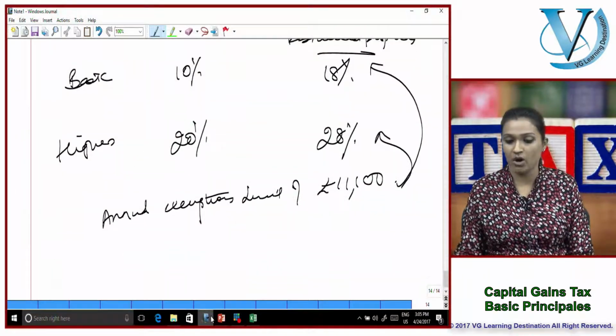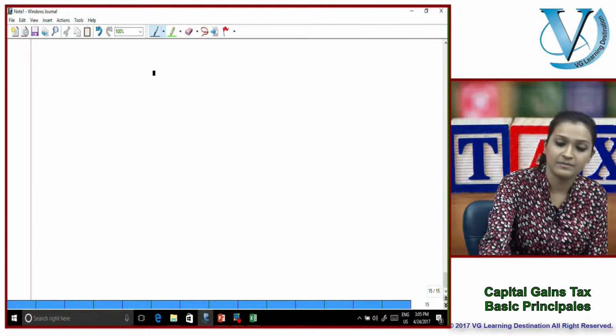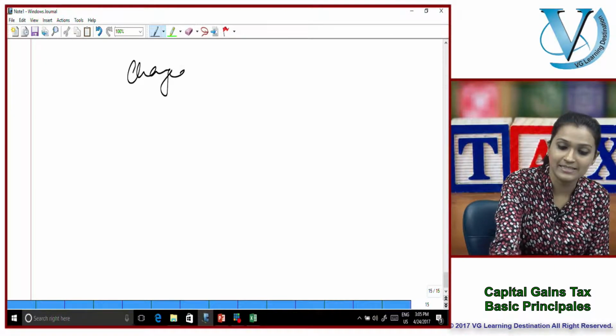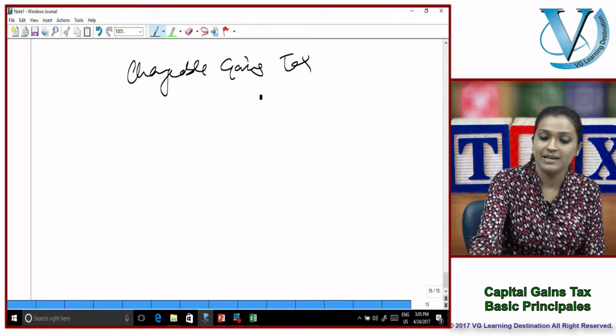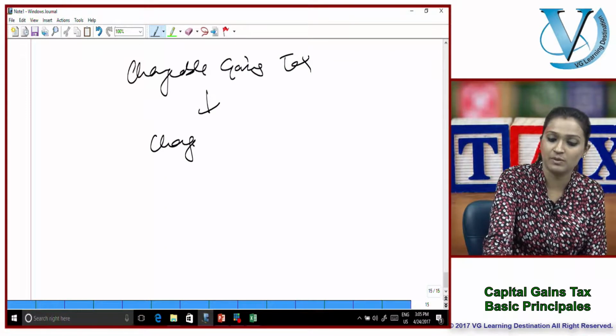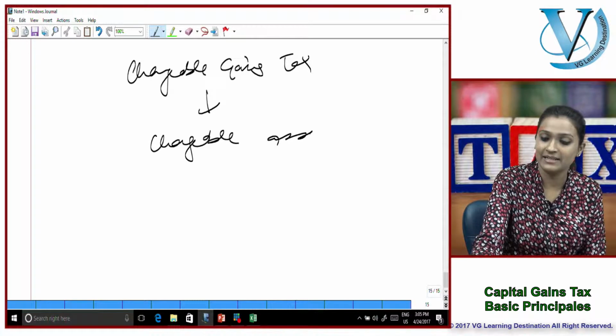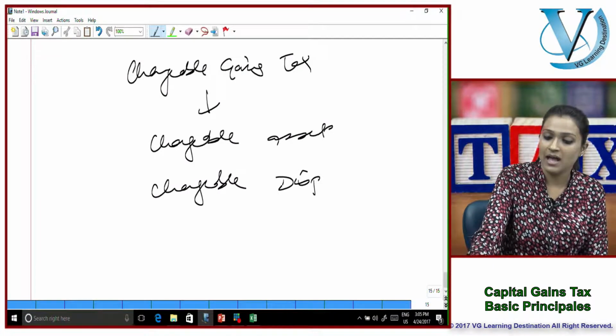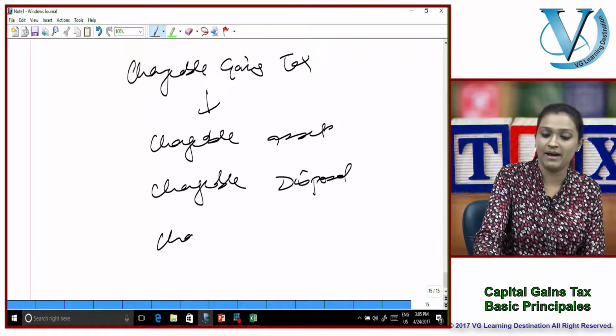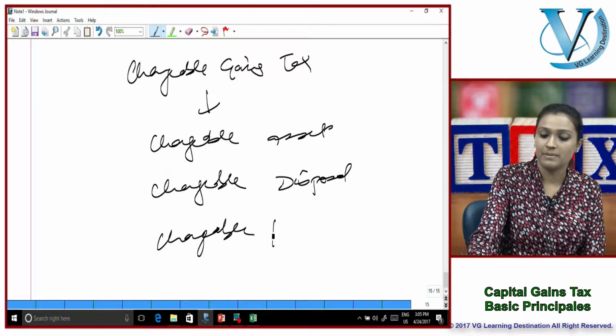So very simply, what we've done: chargeable gains tax, very basic knowledge. We know that we need a chargeable asset. We need a chargeable disposal, and this disposal needs to be made by a chargeable person.